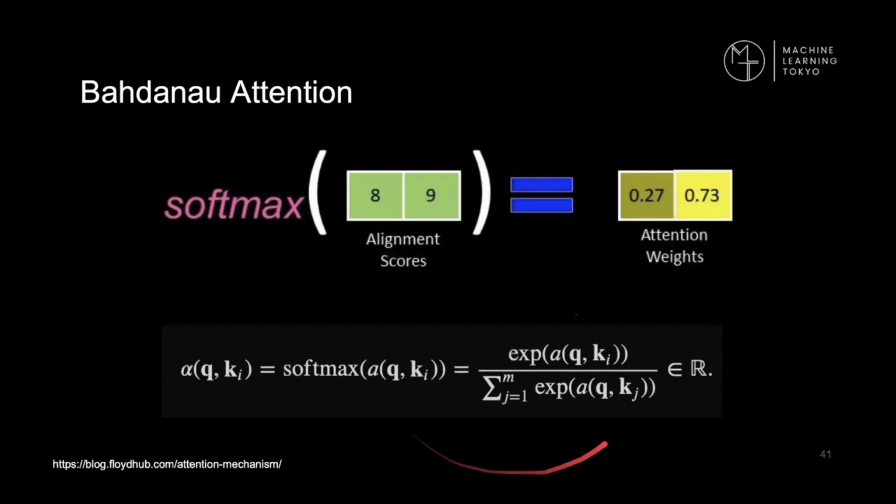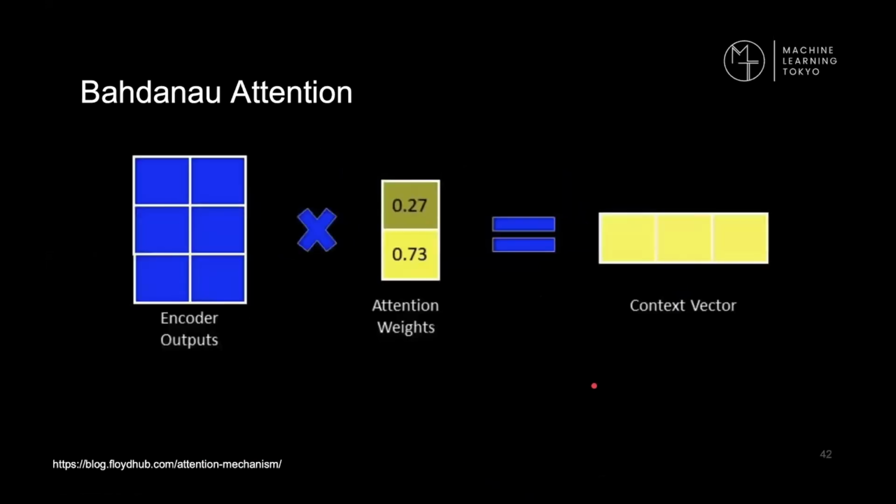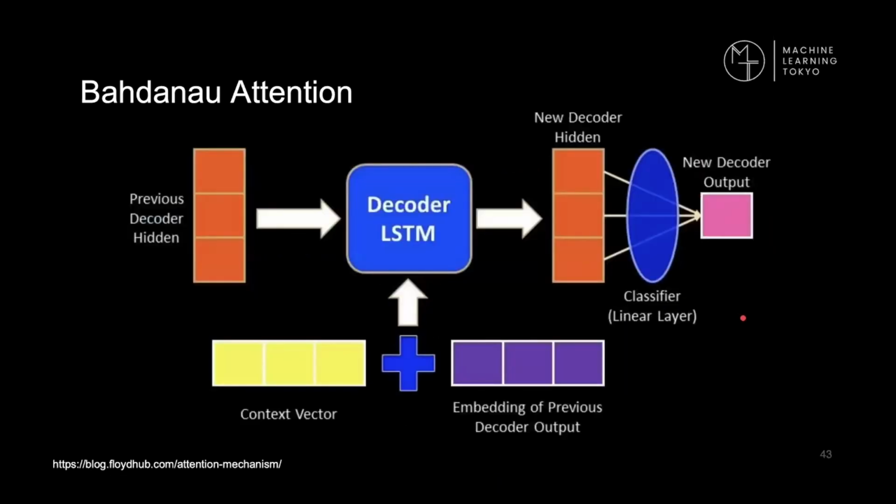Once you have that, you can use the encoder hidden states and weigh them accordingly and get a final context vector out. Then you take in the context vector and the previous decoder output, concat them with the decoder hidden state, and use that to create a new hidden state, which will give you the final output.